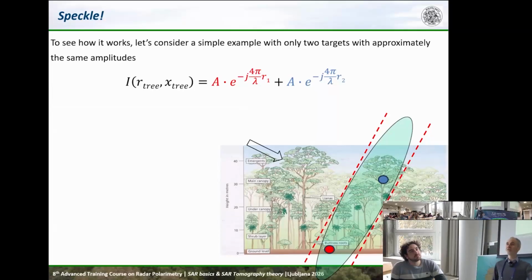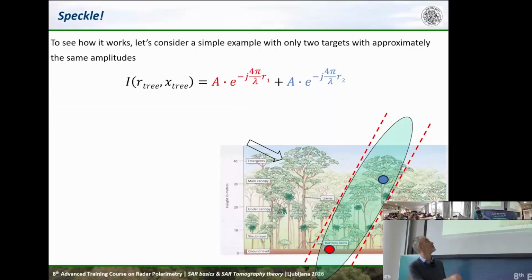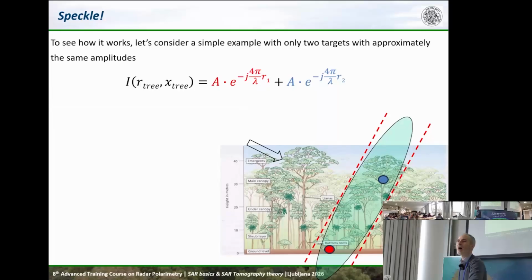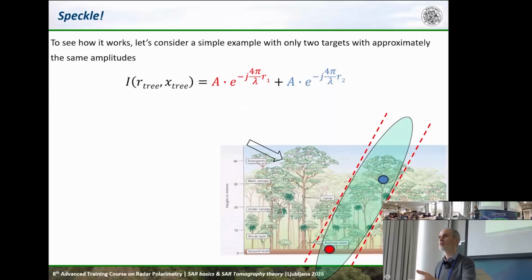Based on what we just studied, the value of this pixel is given by the signal from the ground, and I am also assuming the same amplitude there, for the sake of simplicity, which comes from a distance R1 within this resolution cell, plus the signal from the canopy, which comes from a distance R2 from the same resolution cell.